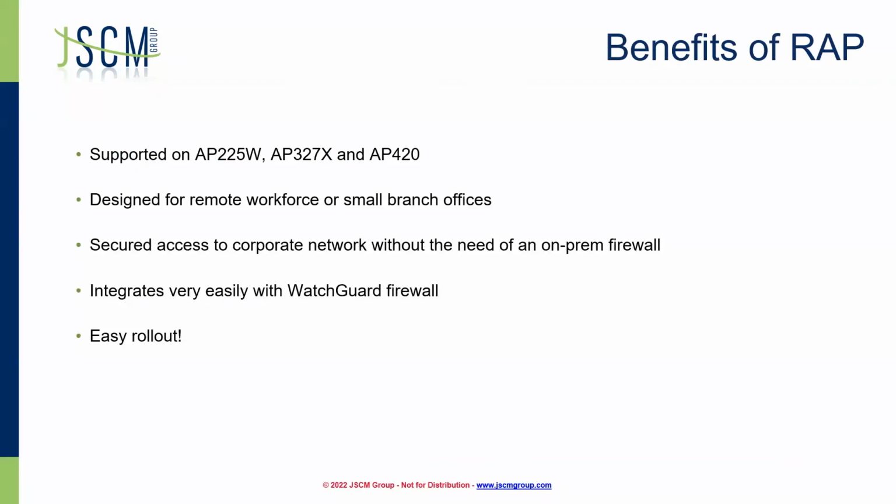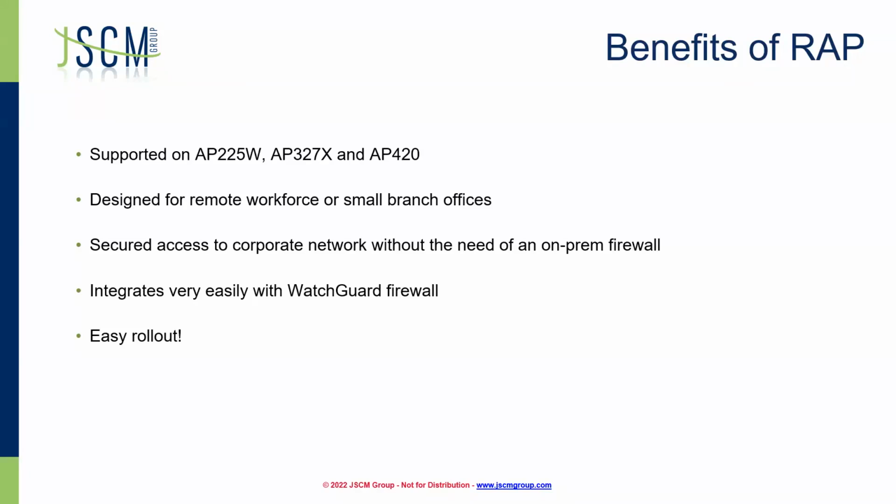Not all of their APs support this, but they've got some good options there. So what this does is you deploy this access point out into this user's home or out into this small branch office. And really what you're doing is you're extending your network through this Wi-Fi connection out to this remote site.